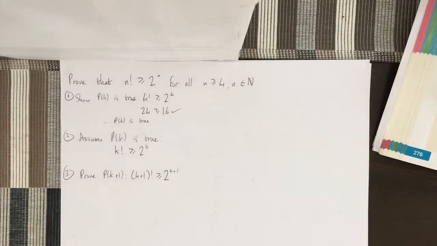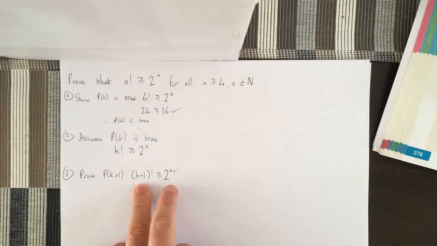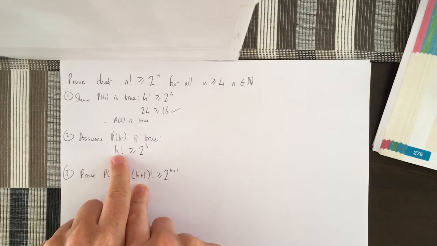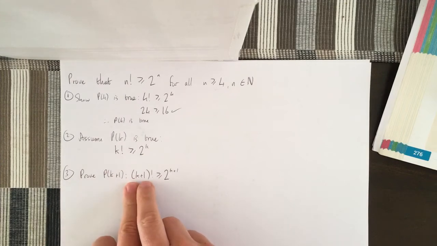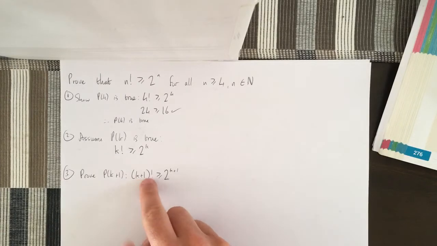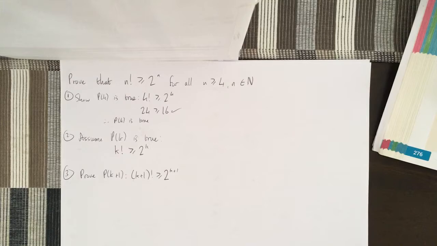So if we just return to what factorial means, if this, say, was 7 factorial, it would be 7 by 6 by 5 by 4 by 3 by 2 by 1. So let's say this was 7 factorial and this was 6 factorial. Another way of writing this would be 7 times 6 factorial. So like K plus 1 factorial means K plus 1 times K times K minus 1 times K minus 2 all the way down to 1.